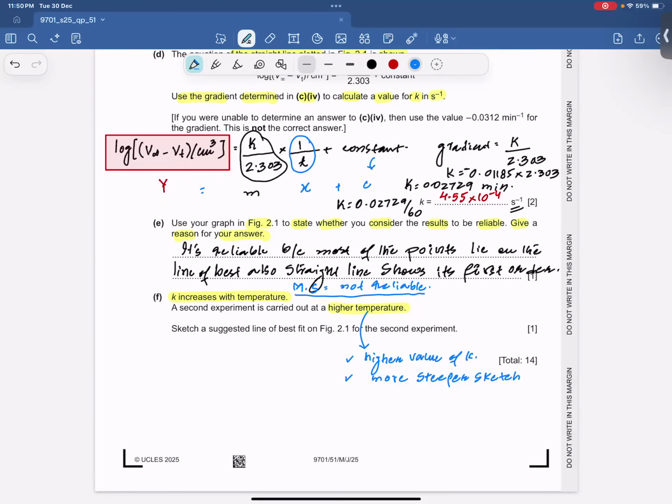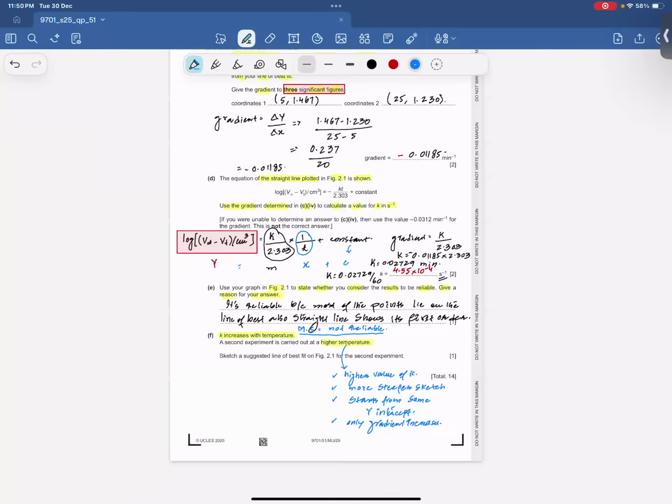Then experiment 1 starts from the same y-intercept, only the gradient increases. So when temperature increases, gradient increases.